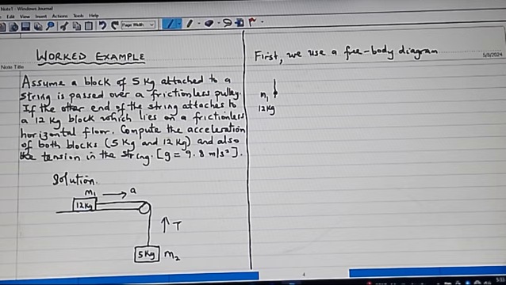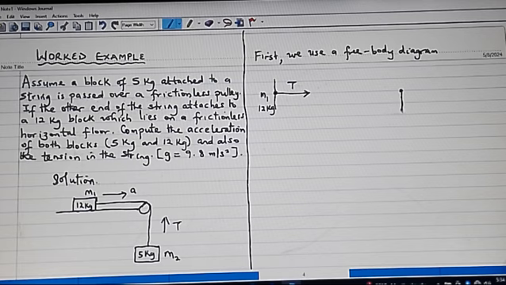It is resting on a floor, so it will have a normal force and a weight. Then the tension on this string is in this direction. Then we go on to the mass M2, which is hanging from the tension.